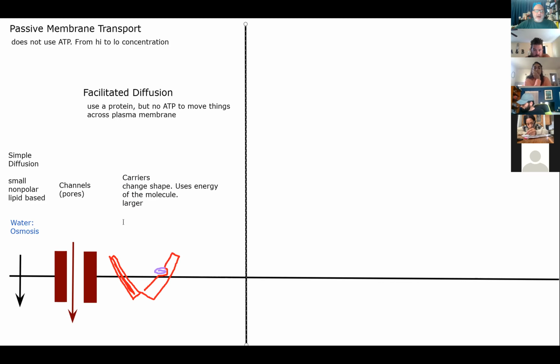When the molecule binds, it, there's that fancy term again, undergoes a conformational change. And someone remind me again what that means? Come on, what does it mean to undergo a conformational change? It's a fancy way of saying what?